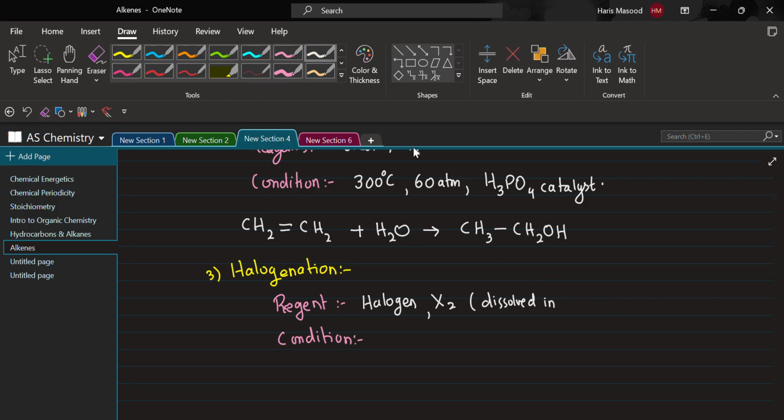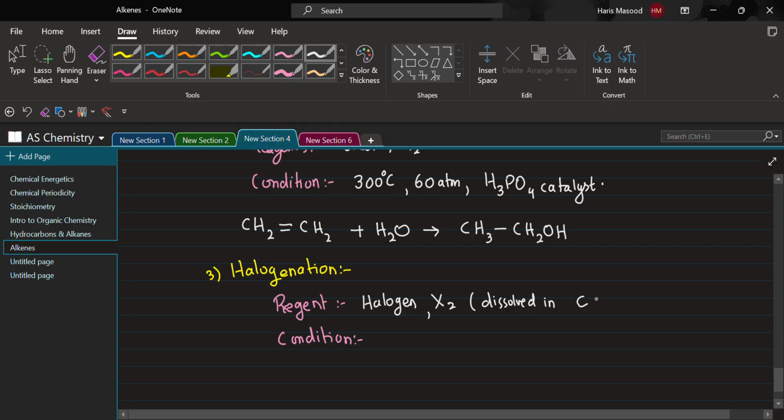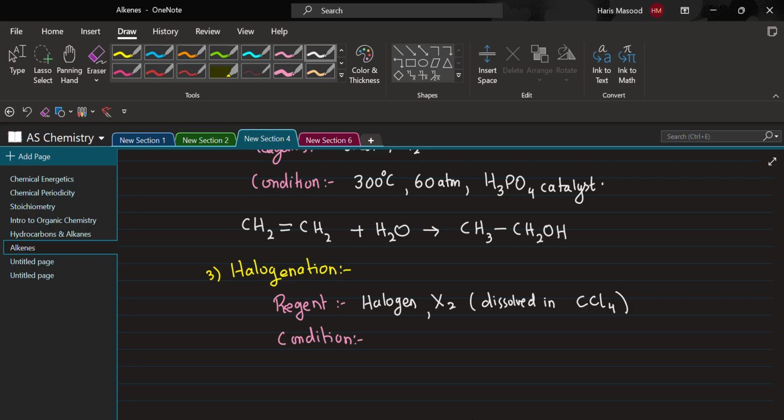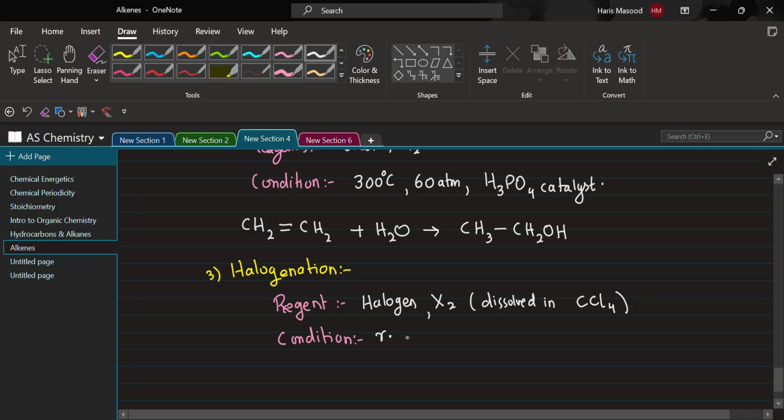It is the solvent of the organic section. Clear? Then this reaction can easily be done at RTP in the dark.